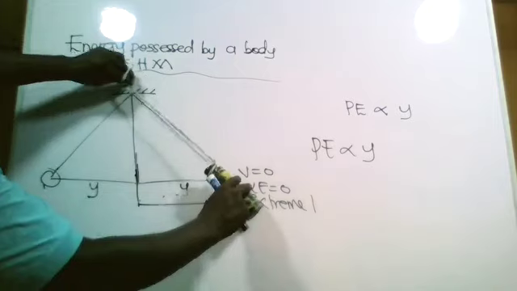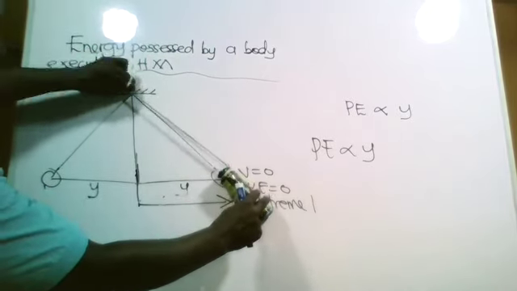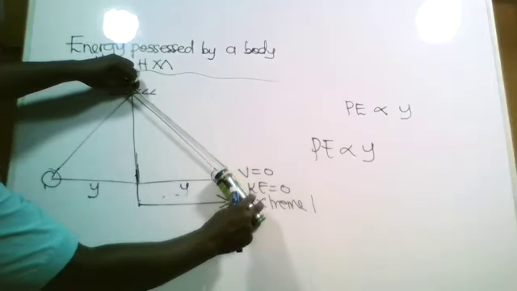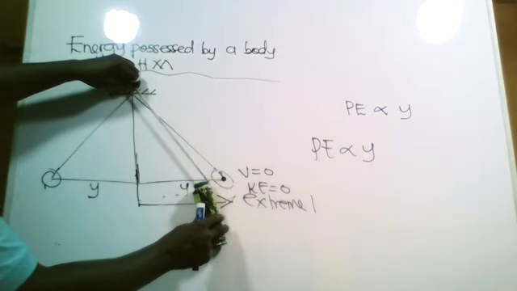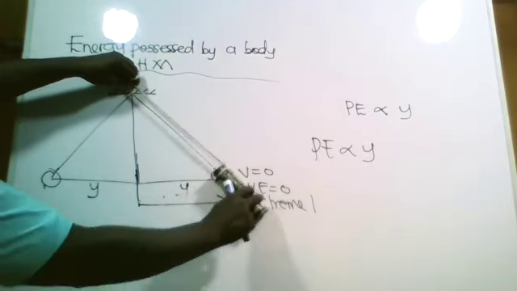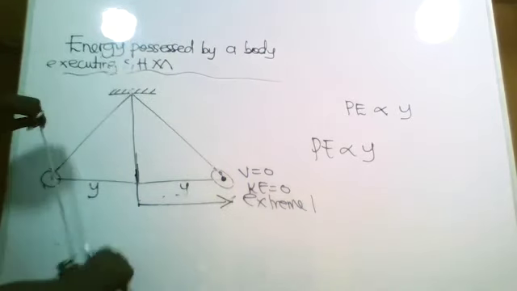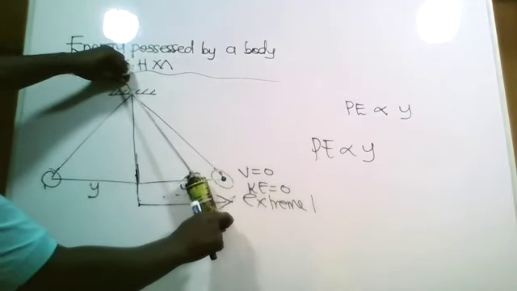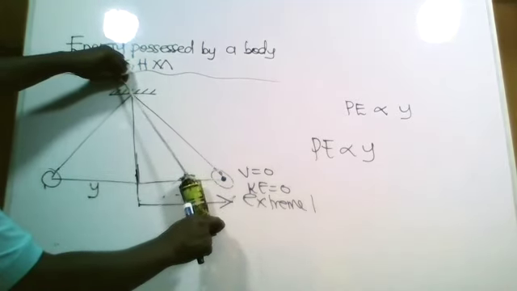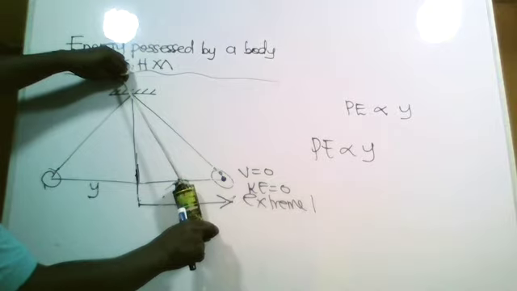Now, when it is returning from the extreme, velocity is 0, kinetic energy is 0. But this time displacement is decreasing. Displacement is measured from the mean point. So displacement is decreasing, meaning potential energy is decreasing, but velocity would also be increasing.